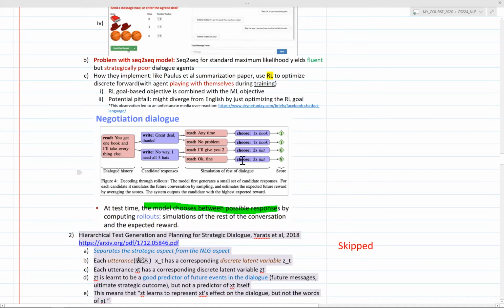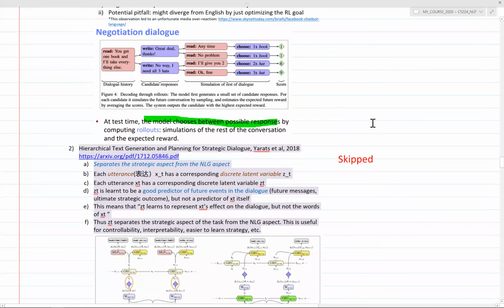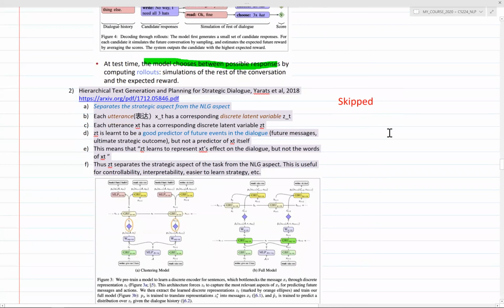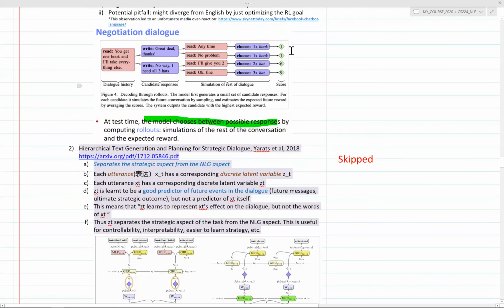In this case, a score of 9 would be the optimal outcome for them. The model would choose between the possible responses by computing the rollouts and scores, as in this picture here.